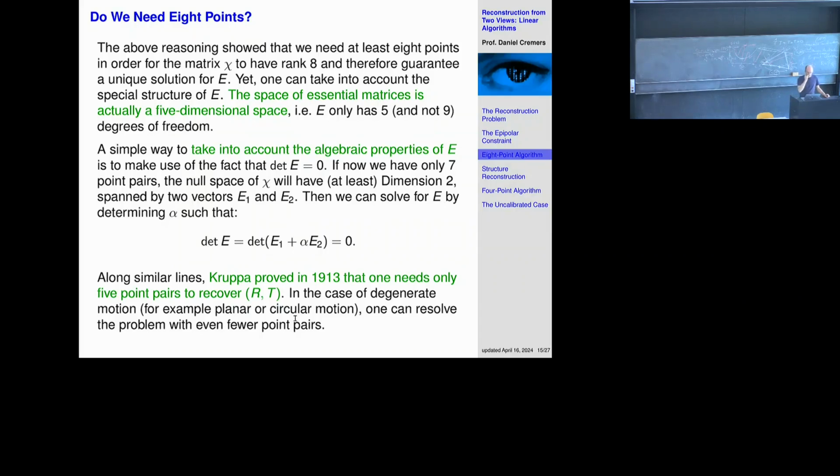And in fact, if you look at the result that Krupa achieved, he said we can recover camera structure and motion from 5 corresponding point pairs, and then it says up to finitely many solutions. And this is exactly that. That already here, once I solve for alpha, it looks easy, right?